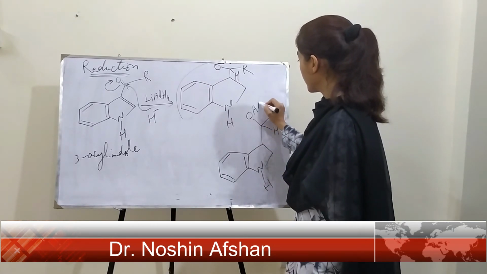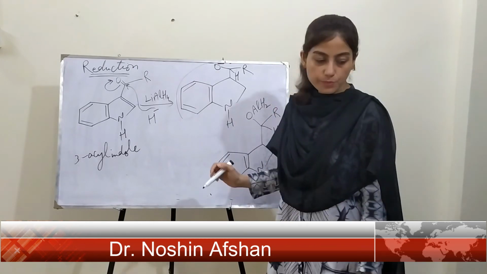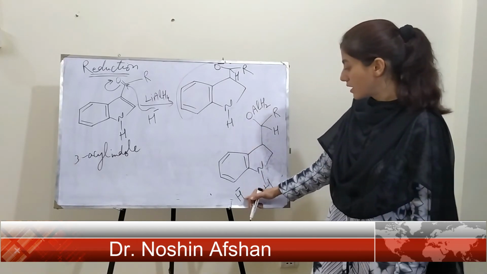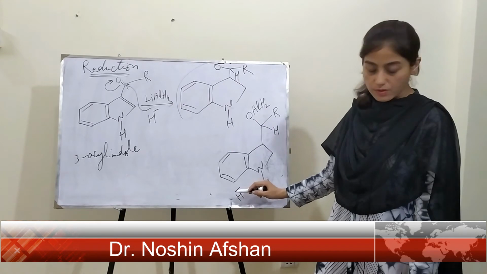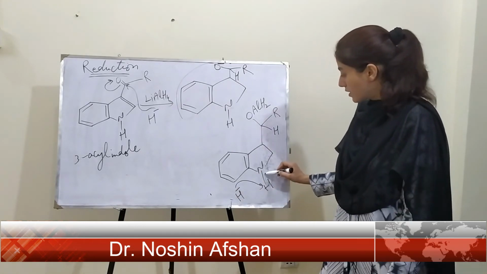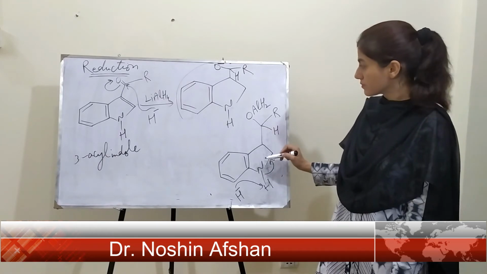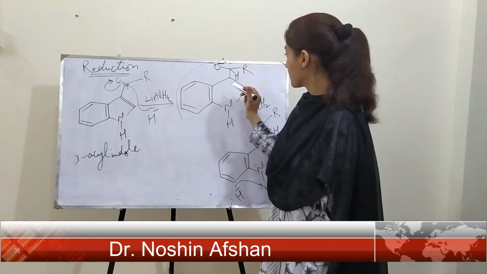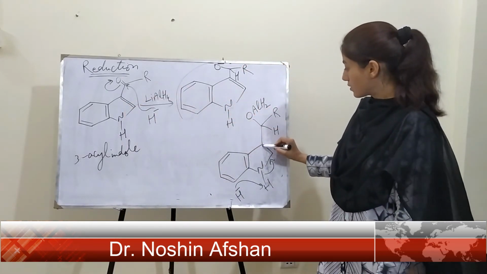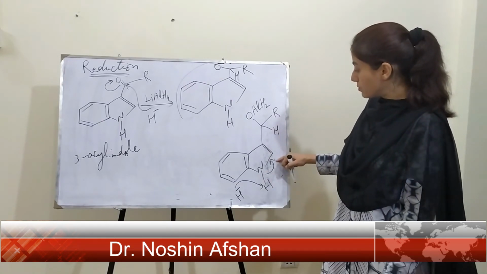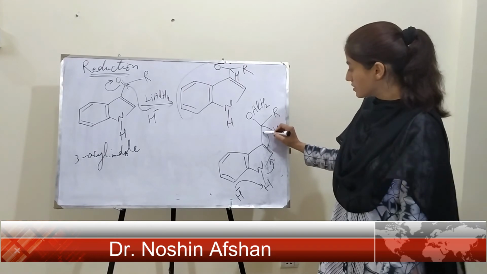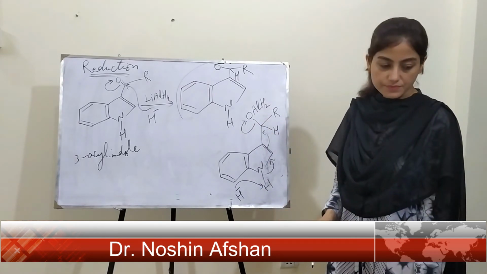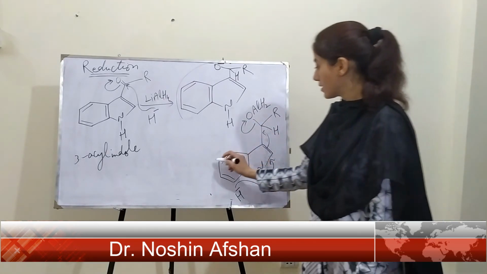Here O, AlH2. It would be in this form. Then one more hydride anion attacks this hydrogen, and as there are double bonds here, this bond is shifted to this position, and this species is eliminated.